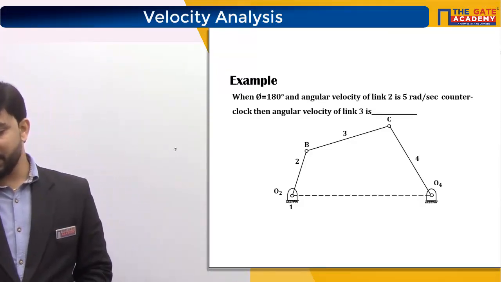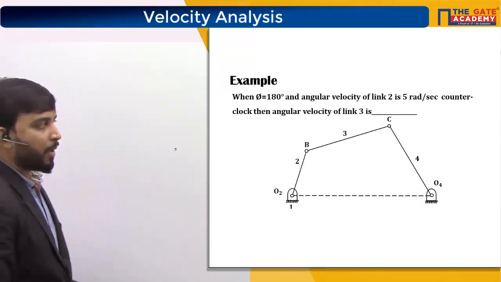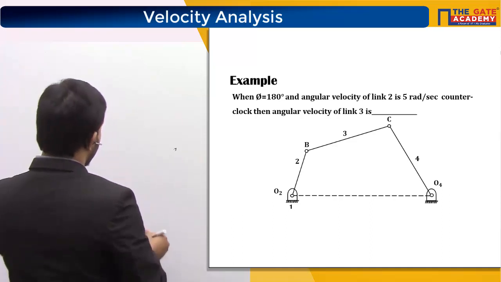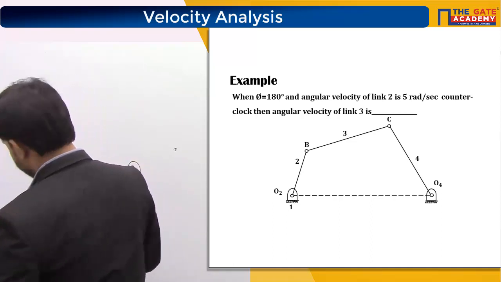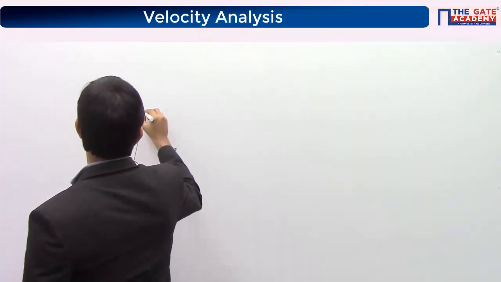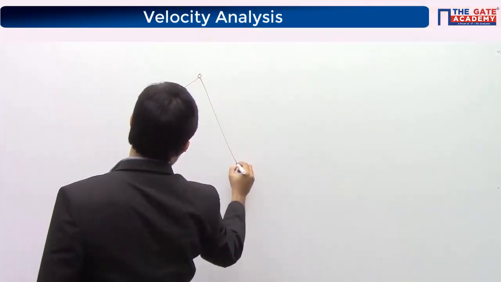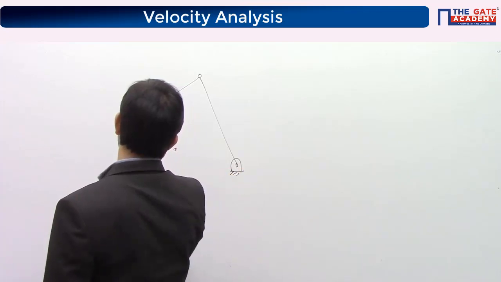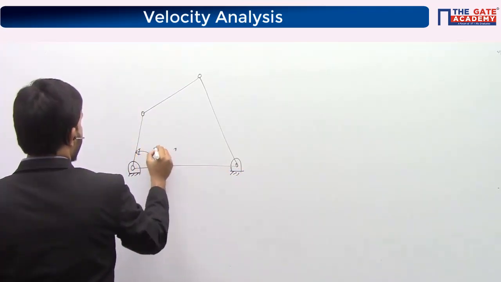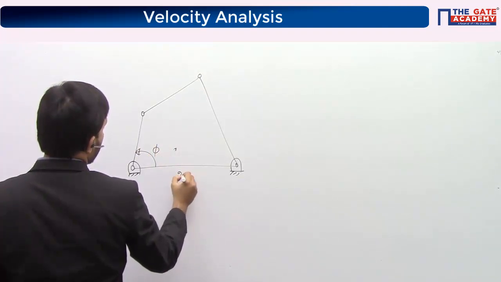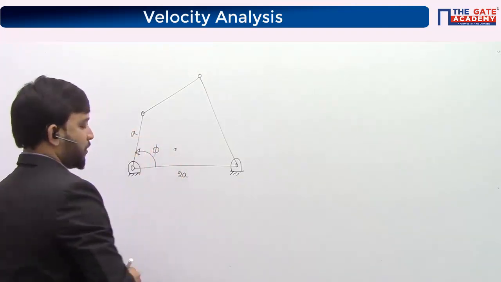So distances, just take down the distances. There's some data missing in the question. This angle is phi. This distance is some 2A units and this is some A units.